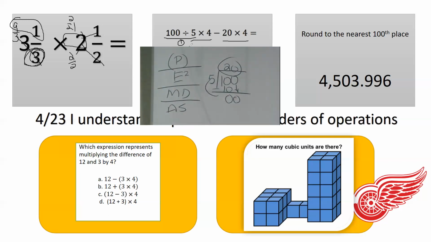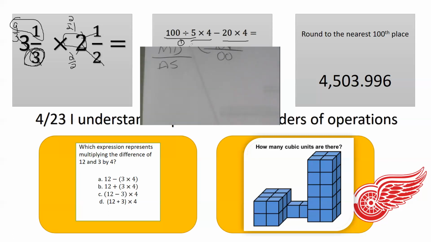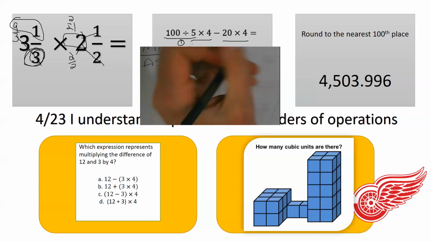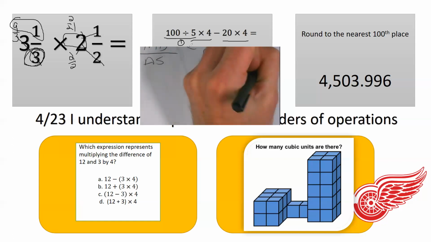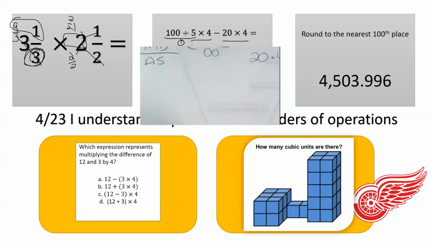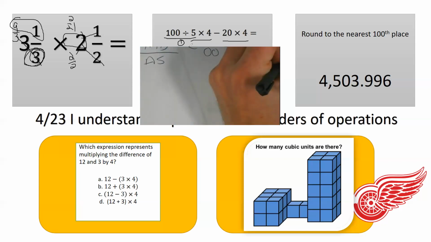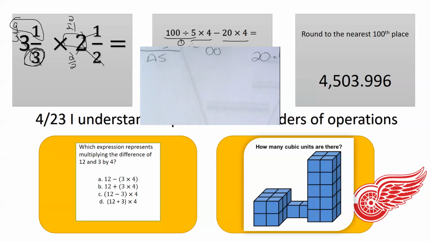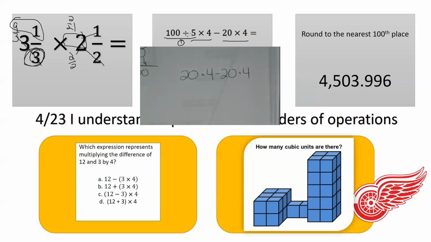So now I have a new problem. 100 divided by 5 is 20. So I have 20, and then I'm going to multiply by 4, and then I am going to subtract 20 times 4. All I did there was rewrite this with this being 20, because that's what 100 divided by 5 is.